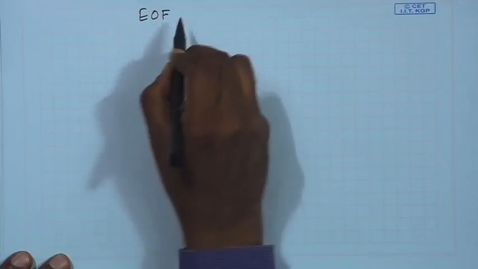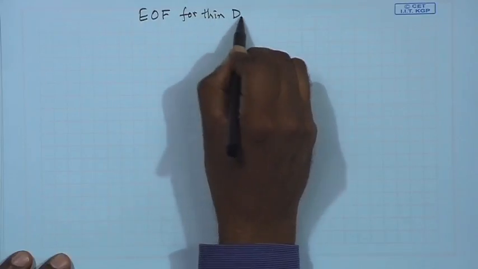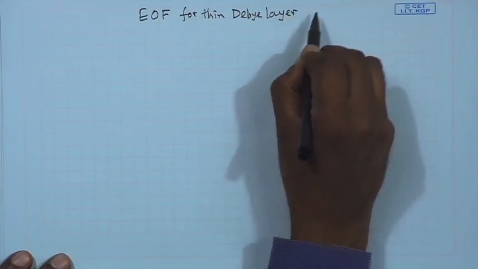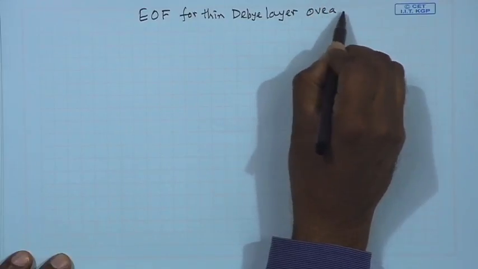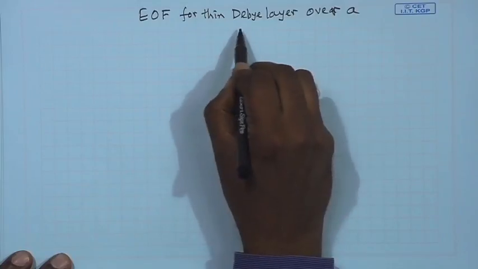With a simple example, we'll consider why EOF through a super hydrophobic situation is important. Consider electroosmotic flow, EOF, for a thin Debye layer over a hydrophobic surface.